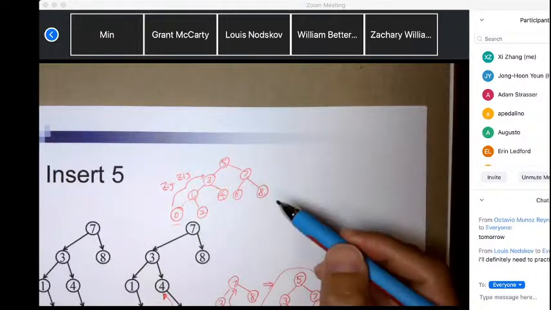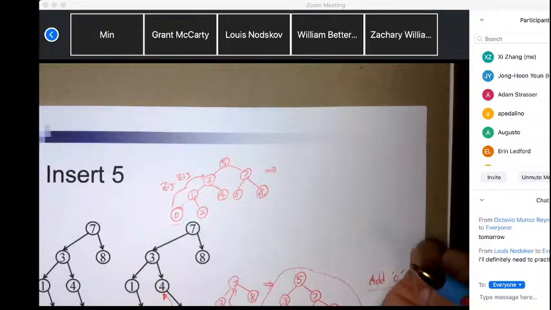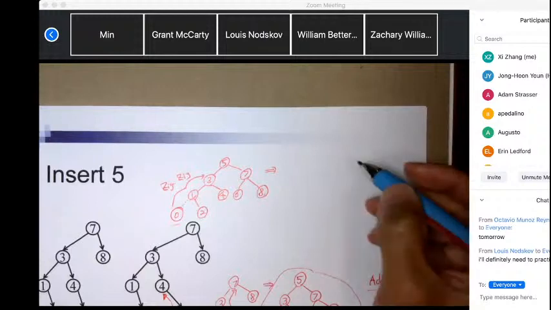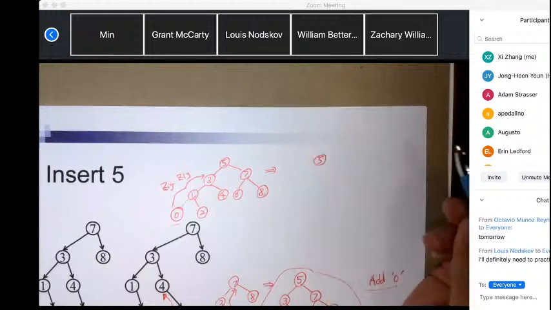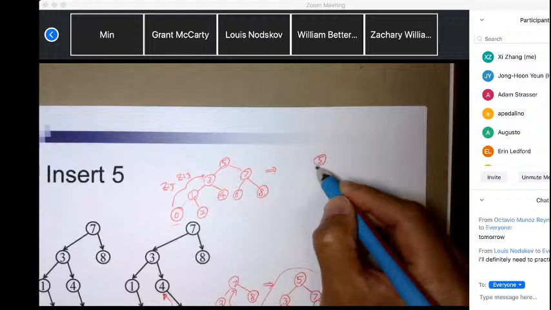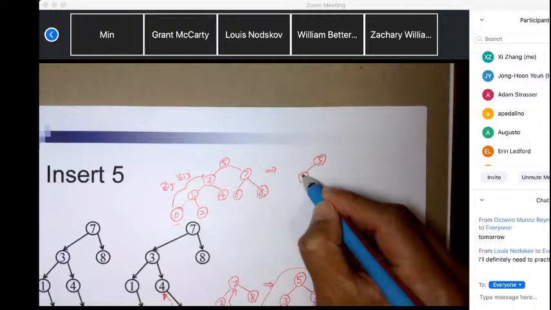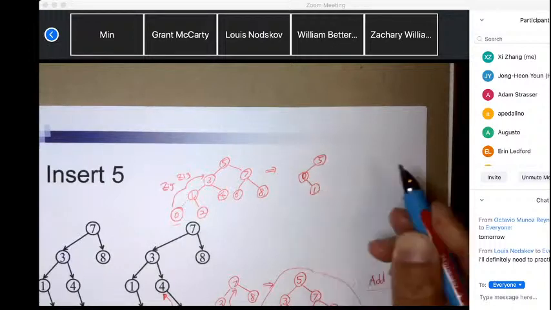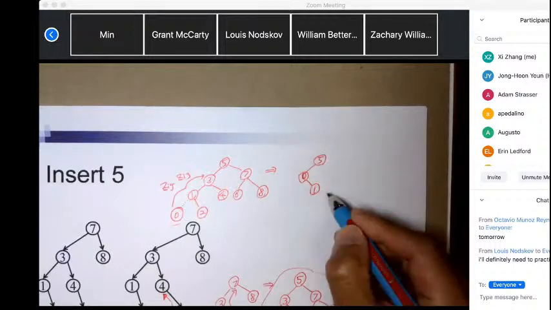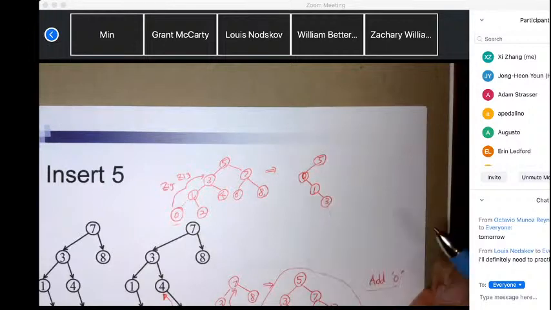So when we do zig rotation, the 5 should still be root of the tree, and then 5 should have 0 as a child, and 1 becomes right child of 0, and 3 becomes the right child of 1.